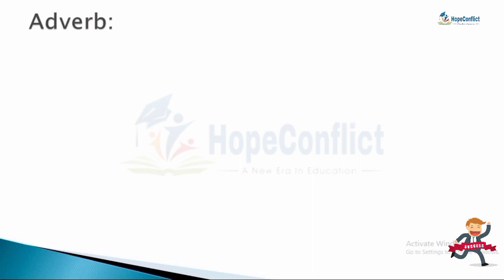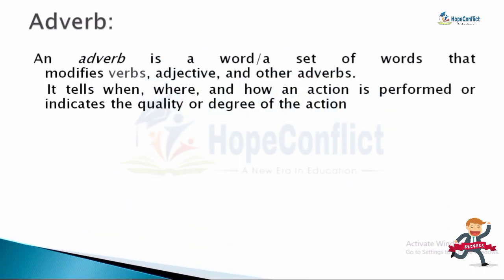So guys, what is adverb? An adverb is a word or a set of words that modifies verb, adjective and other adverbs. It tells us when, where and how an action is performed or indicates the quality or degree of the action. This is the definition of your adverb.